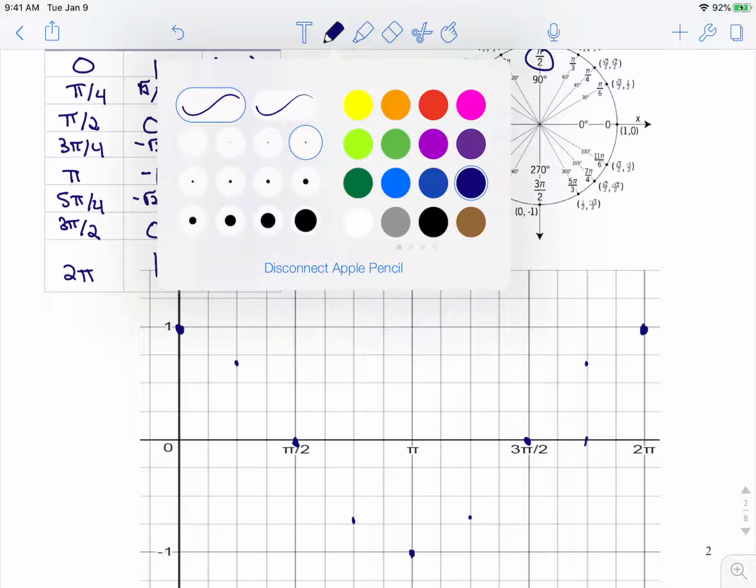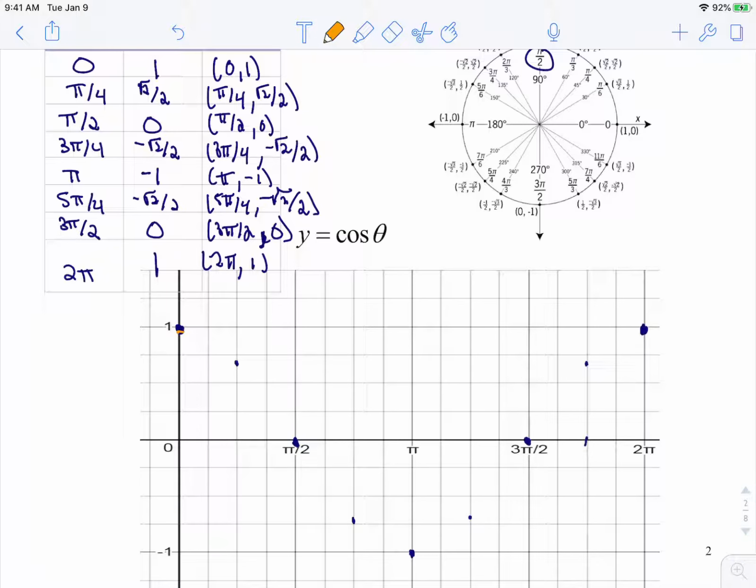Okay, so now I'm going to connect these points. Let's go ahead and graph this guy in orange. So I'm just connecting all the coordinates. And that is one period of cosine.